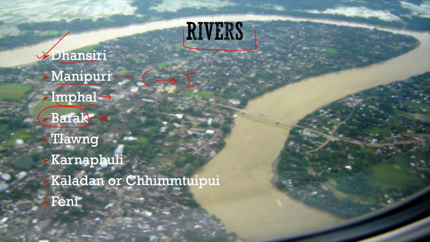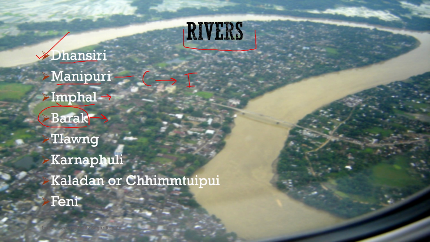Barak River originates from the state of Manipur, then it flows northward, it goes to Nagaland, then it again moves southward, it flows from Assam, then Mizoram, then Tripura, then it enters Bangladesh and it discharges itself into the Bay of Bengal.